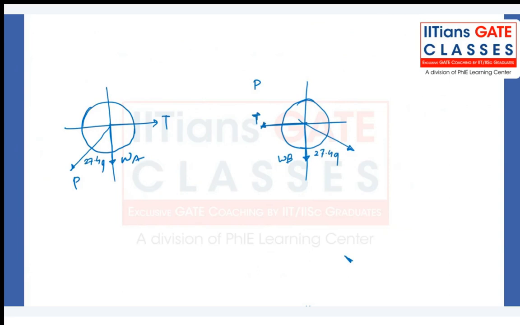P divided by sine of, how much? Let's keep it as it is. As of now it is not needed.